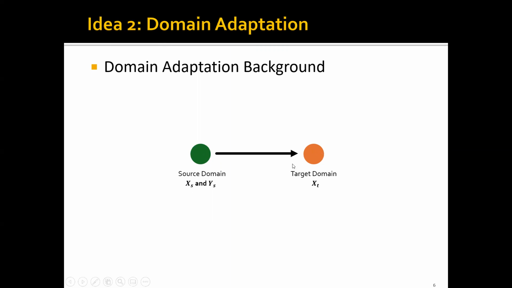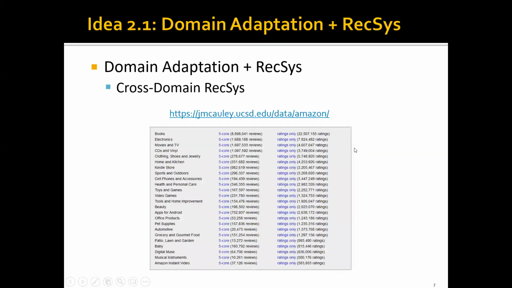Usually, we are given the X and Y in the source domain, and only the X in the target domain. We want to train a model that performs well on the source domain, so it can predict the Y very accurately, but we also want to be sure that if we use the model to directly predict the Y in the target domain, it can also perform pretty well. So this is the setting for domain adaptation.